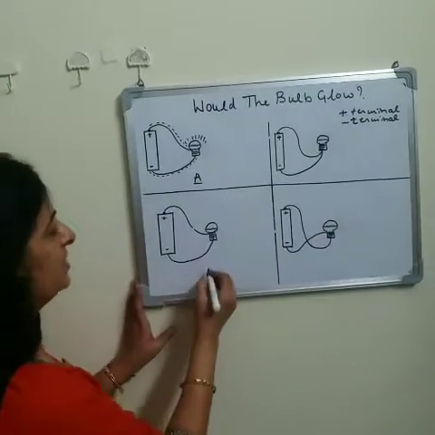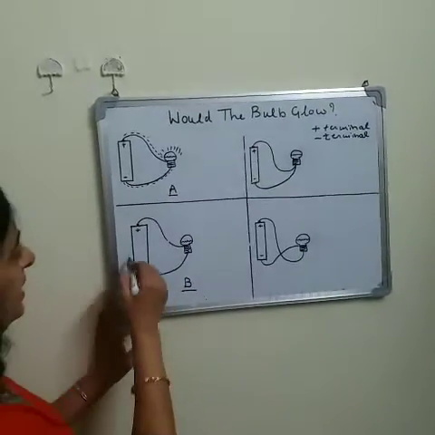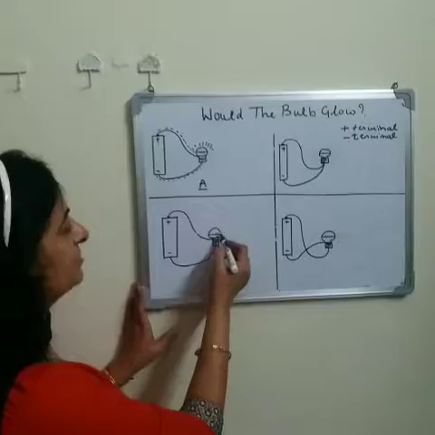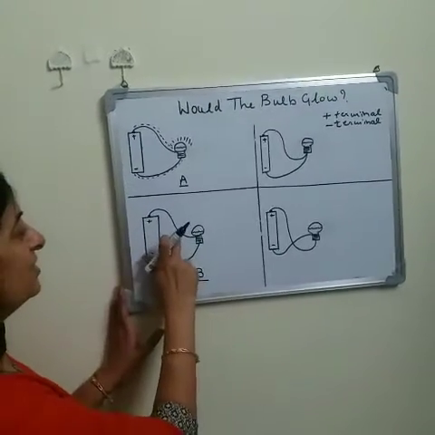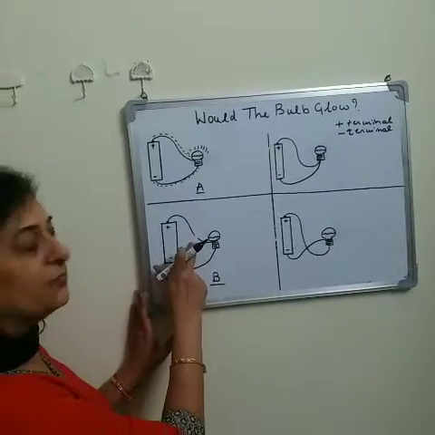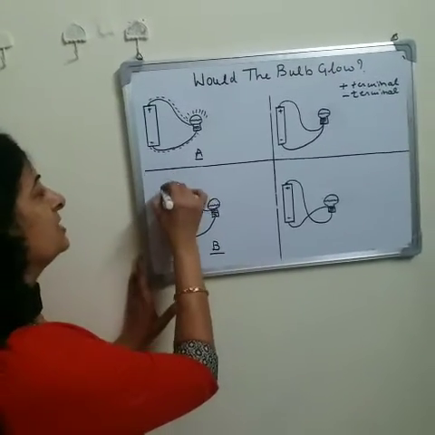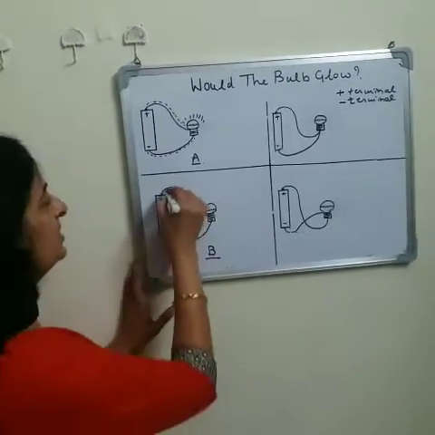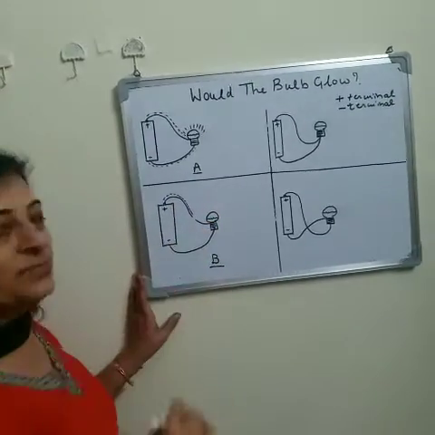Now we will see figure B. Again there is an electric cell, an electric bulb and they are attached with wires. But see carefully, there is an air gap between the wires. So what do you think? Electricity starts flowing from the positive terminal naturally, but when it reaches there, can it cross that gap?